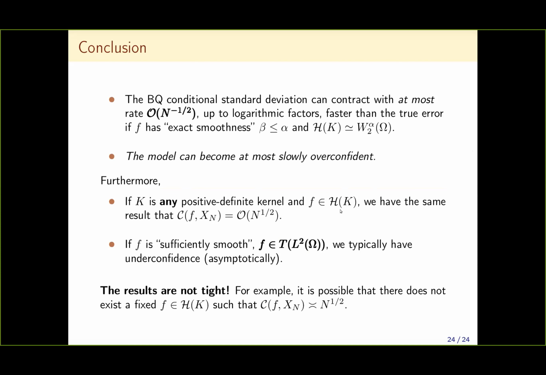And our third result is that if our function is in a certain way much smoother than the kernel, which means that our function is in a certain space defined by a Mercer integral operator, then we can actually show that the standard score goes to 0. So we have underconfidence. But none of these results are actually tight in any way. So it might be that, for example, the logarithmic factors aren't required, or that there are only a few functions in some sense for which overconfidence occurs.